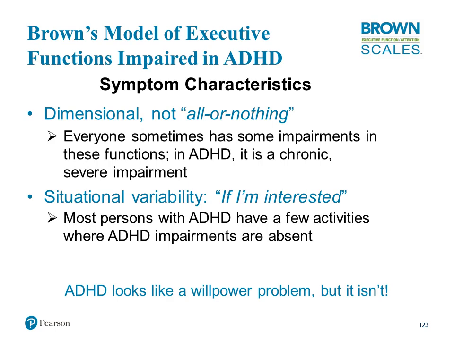All right, the Brown model of executive function impairment, the different symptom characteristics, again, that are included in the items, are that the symptom characteristics are dimensional, not all or nothing. So it talks about the degree or how chronic an impairment is.